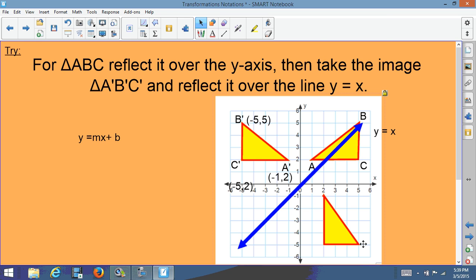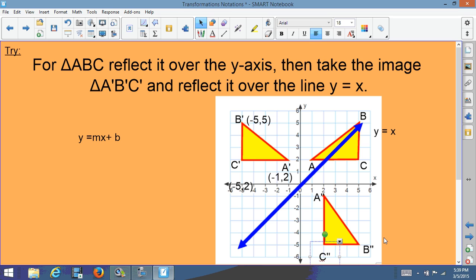So there's your point B double prime, and count from here and then go down. There's your A double prime, and count from C over to here and go straight down, and there's your C double prime.